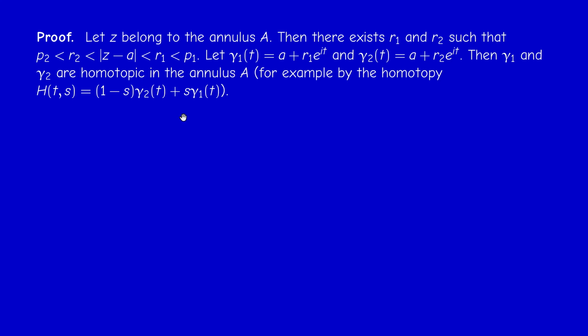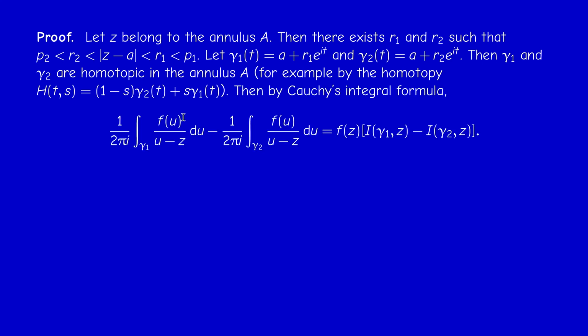Therefore, I can apply Cauchy's integral formula, which I stated in this way. 1 over 2 pi i times the integral over gamma 1 of f of u over u minus z, minus the same over gamma 2, equals f of z times the difference of the indices. Now where is z? z is inside gamma 1 and outside gamma 2, if you draw a picture.